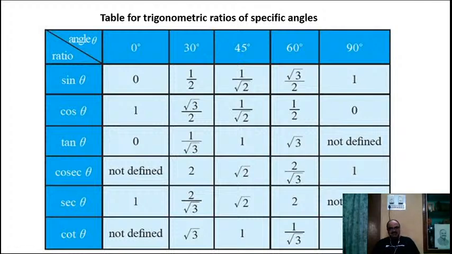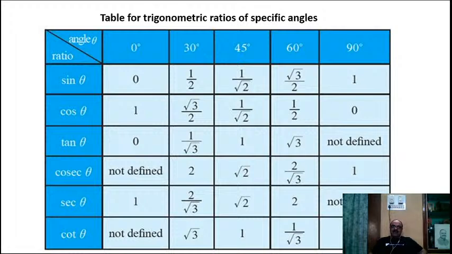Cosec 45 is root 2 because sine 45 is 1 by root 2. Cosec 60 is 2 by root 3 because sine 60 was root 3 by 2. So they are all, I can say, mirror images, the reciprocal values of it. Put 1 by the value and you get it. Sine 90 is 1, so cosec 90 is 1 by 1, which remains 1.